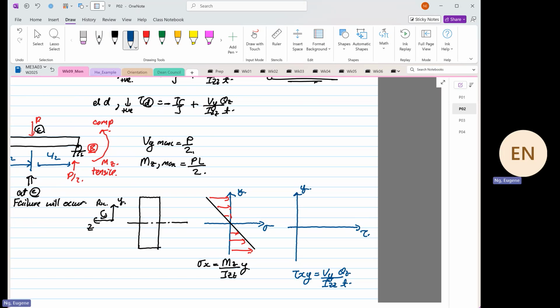When you sketch out the shear flow or the shear stress, the magnitude looks like this. This is for a rectangular cross-sectional area.